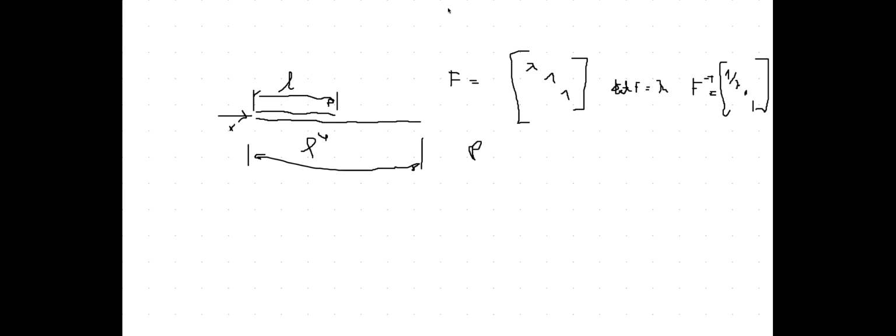So P of x is defined as J times sigma, you can call it phi of x, times F minus transpose. That means that the only component of P, the only component P of x, has numerical value the same as this sigma.